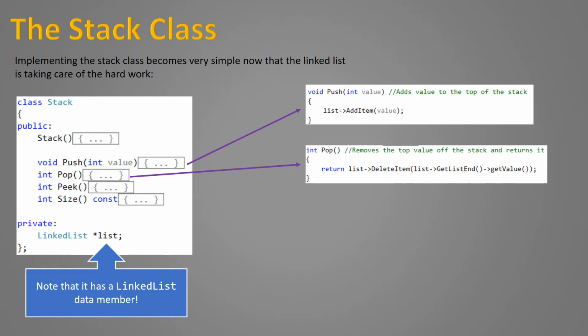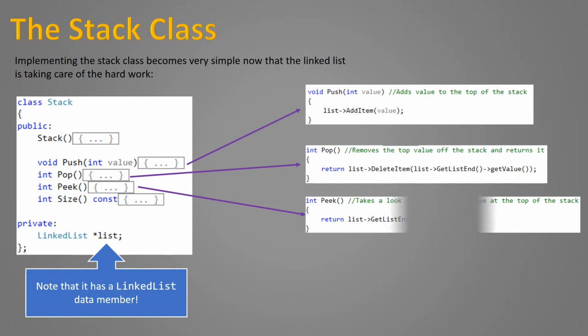For the pop member function, which takes off a value from the top of the stack, it simply gets the end value of the list's end node and passes that value to the list's delete item member function. Again, it's very simple. Now the peek function doesn't take anything off the top of the stack.